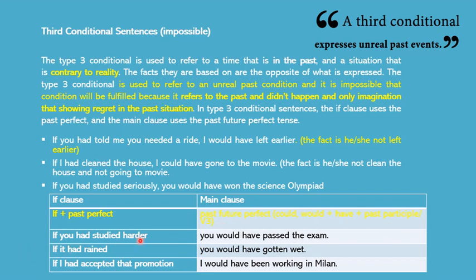If you had studied harder, you would have passed the exam. If plus past perfect, had studied, and here the past future perfect: would plus have plus past participle, or verb 3.